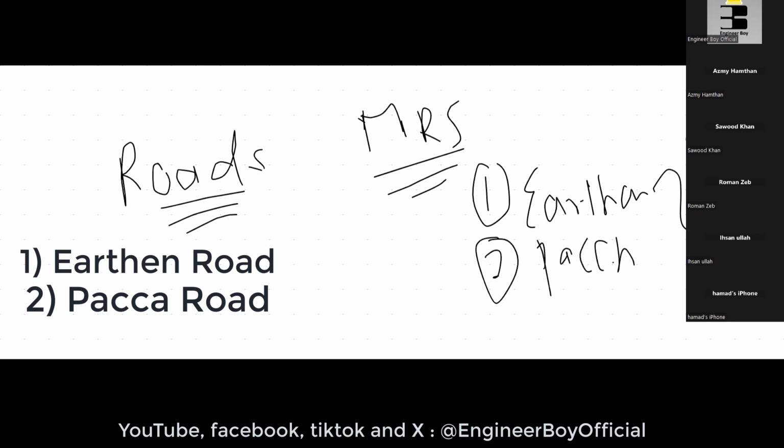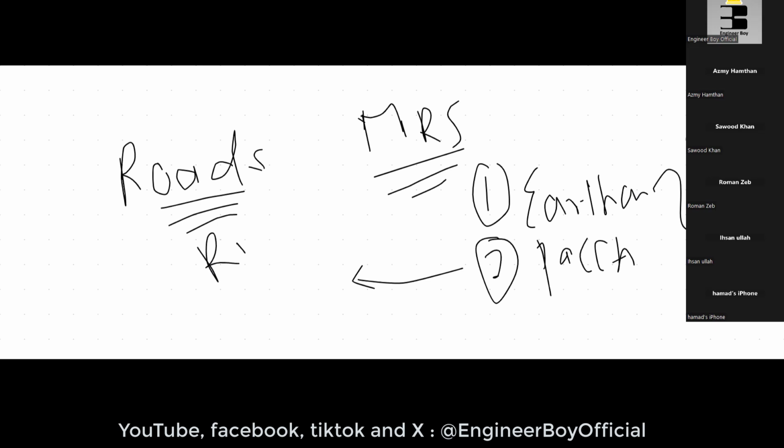However, in Pakka road, we have rigid pavement and flexible pavement. In the same video, we will be covering all these three types of roads. I will start by determining the quantity of different materials in the earthen road, and we will have a simple example over here.